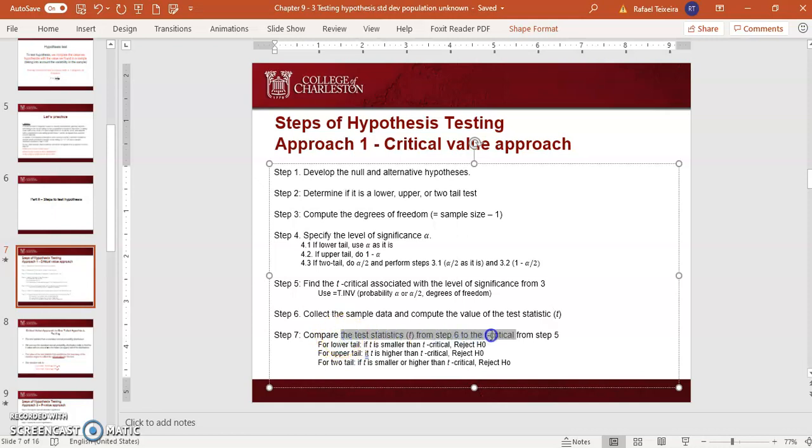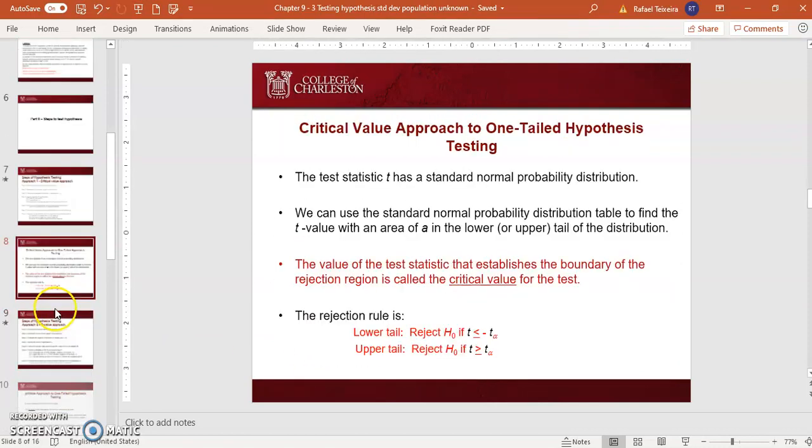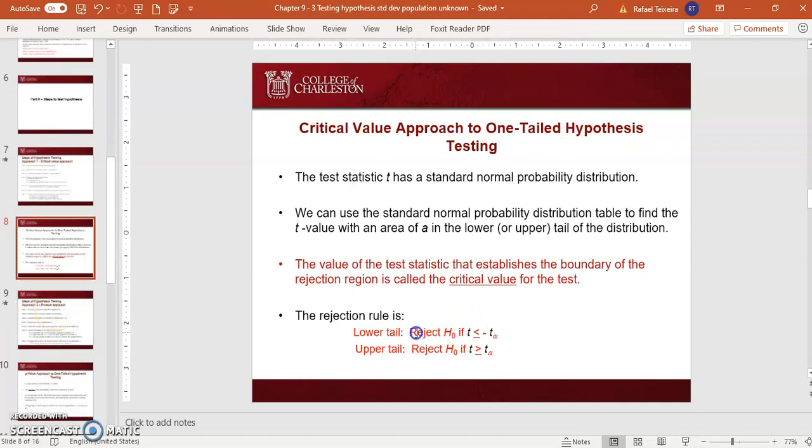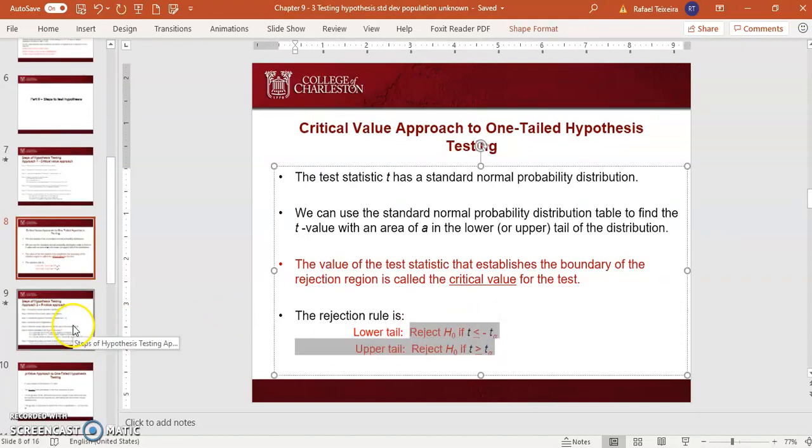Compare the test statistic. If it is smaller than t-critical, reject. If it is higher than t-critical, reject. If it's 2 tail and t is smaller or higher, then you reject. So here are the rules to reject or fail to reject the null hypothesis. Here are the rules again, one more time.